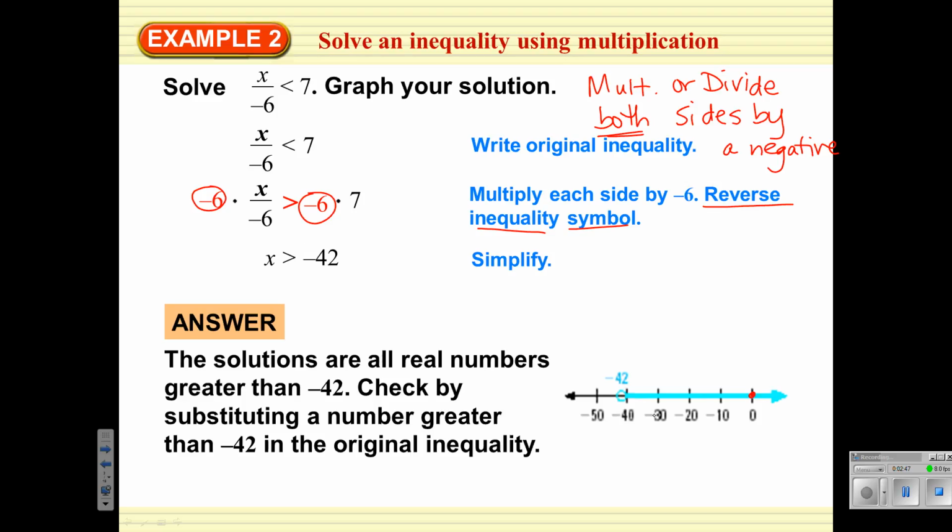If we had flipped that around, we would have put a -54 in here, and -54 divided by -6 is a +9, which is not less than 7. So it's crucial that you remember to flip those signs when you multiply or divide only both sides by a negative.